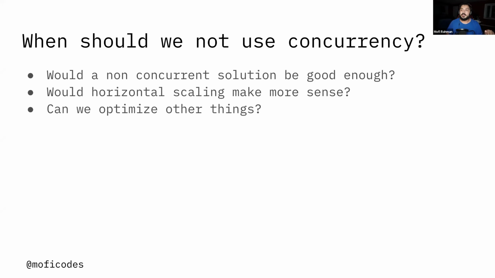Would it be good enough? If it is, let's move on. Next is, would horizontal scaling make more sense? Can I just run multiple copies of the application without actually making each application concurrent? If that makes sense, you can rely on that to make your application faster. Finally, can we optimize other things? Before you jump into rewriting all your application concurrently, are there other smaller wins you can get before you start writing your code differently than what you are doing now?